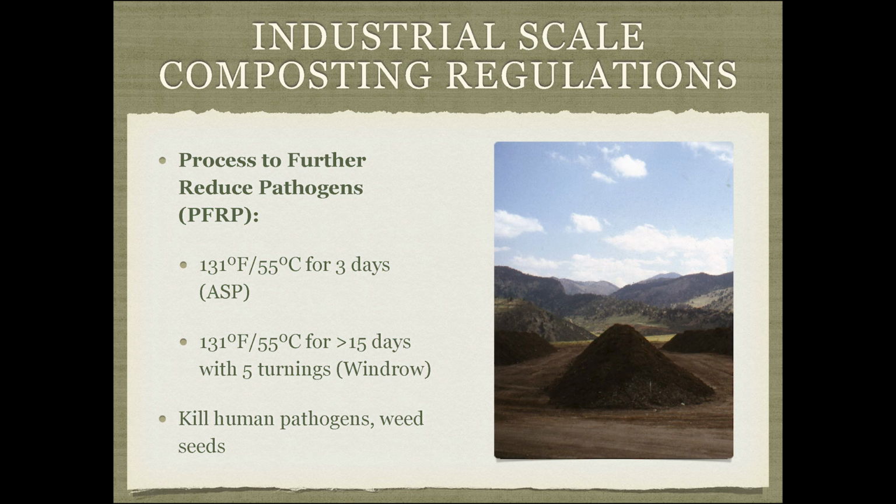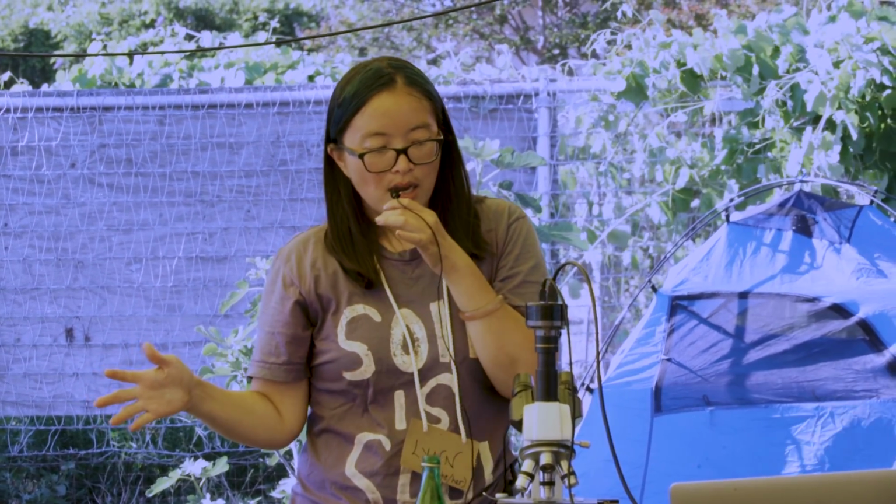And their piles are much larger in size too, so they're wanting to expose all parts of the pile to that hot temperature. The core of the pile is the part that gets the hottest. And so part of the turning is that you turn the outside in, inside out, so all parts of the pile get exposed to the high heat, and that kills off human and plant pathogens and weed seeds.